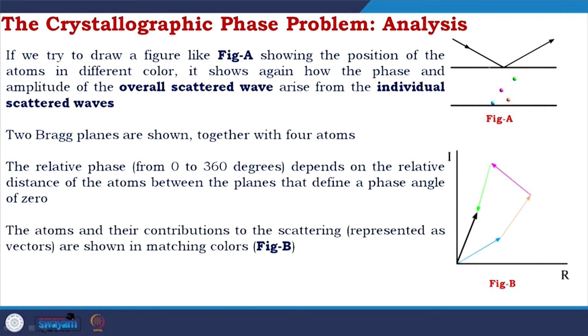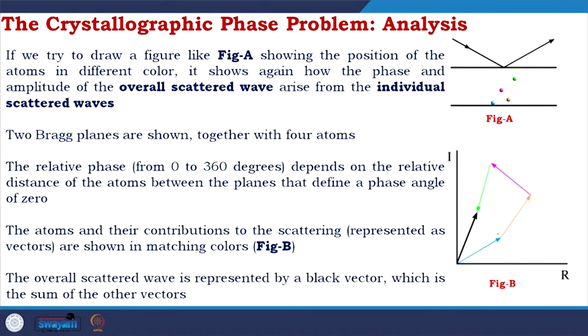If you look at the plot of imaginary and real in figure B, the atoms and their contributions to the scattering are shown in matching colors. The pink one is the pink atom, the green one is the green atom, the orange one is the orange atom, and the blue one is the blue atom.